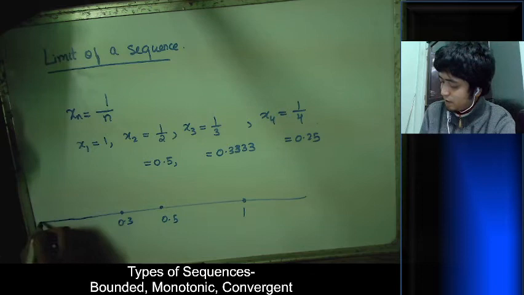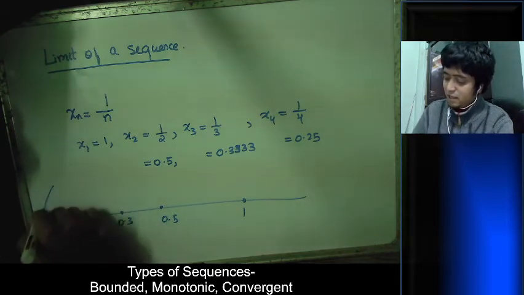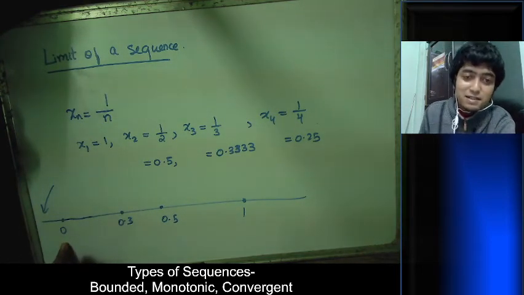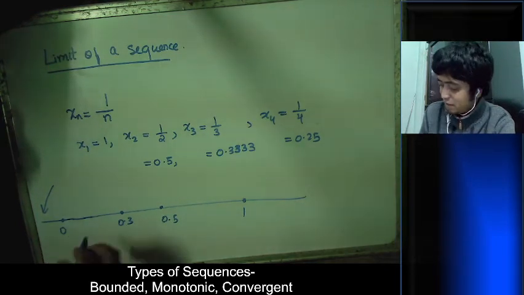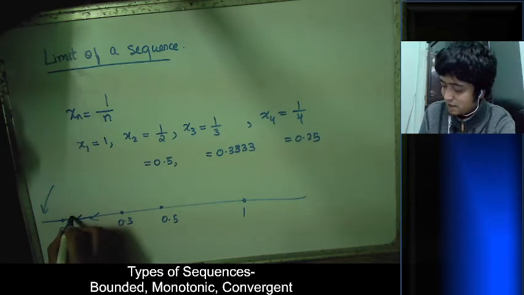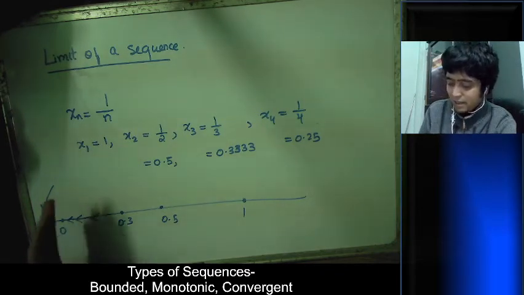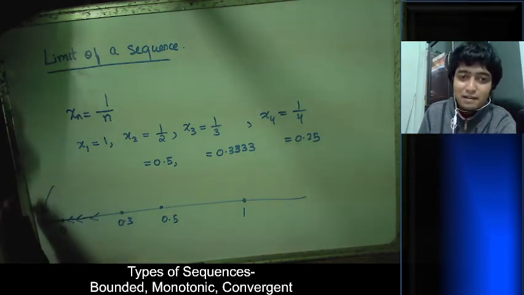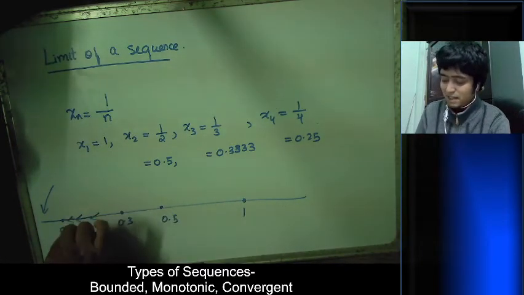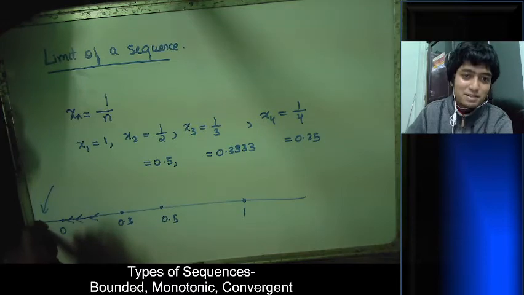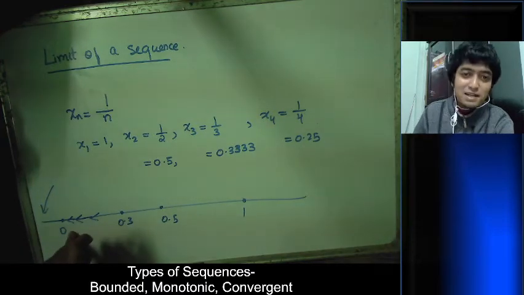But they will never be able to cross this 0. They will just approach this number 0, but they will never cross to this side. They keep on decreasing, starts with 1, never crosses 0, but they approach the number 0.